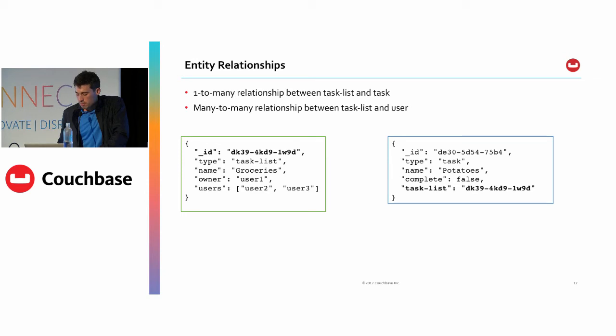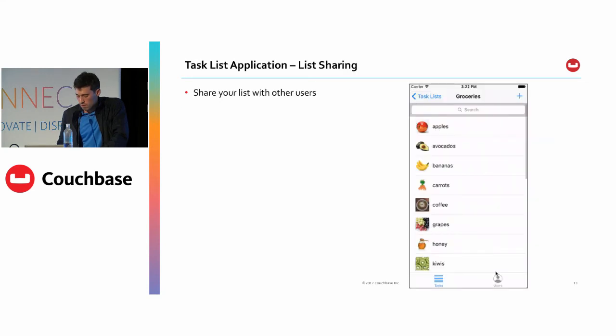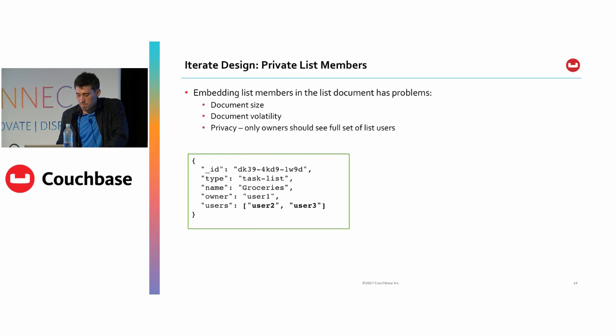But where it gets a bit different is if you want to share something with another user, like on that screenshot. We would have two ways of doing that. The first one is we could embed the usernames of the users we want to share the list with on the document. So on the bottom here, we would say that that list is shared with user 1 and user 2.